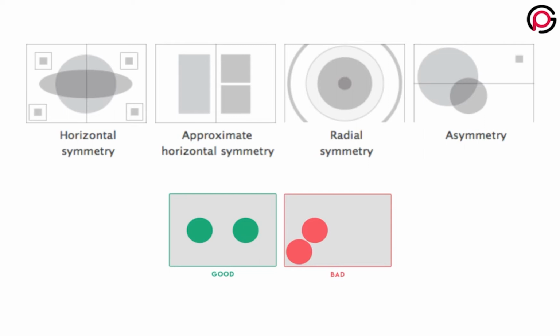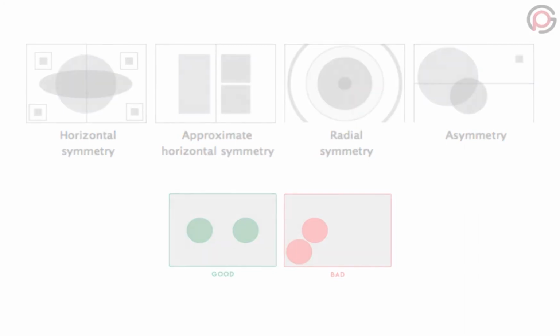Third is radial symmetry, in which, as I told you earlier, your eye focus is captured by a focal point. Next one is asymmetry, in which, as we already discussed, if we want to keep focus on a particular point, then we use asymmetry balance.